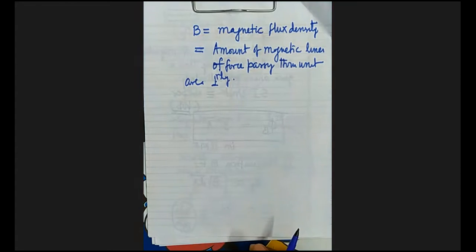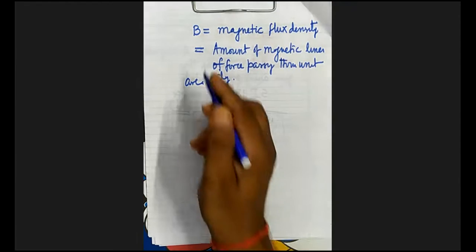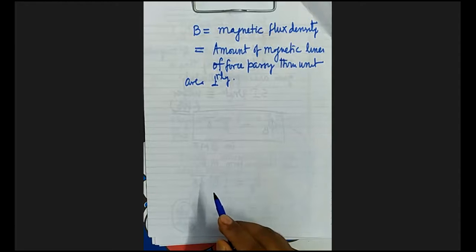So this is the magnetic flux density, which is B equals phi upon A.